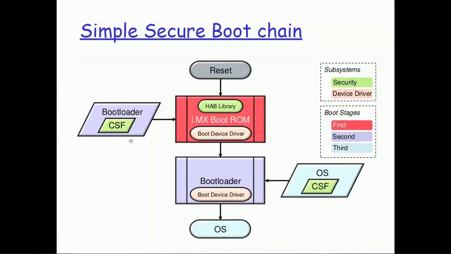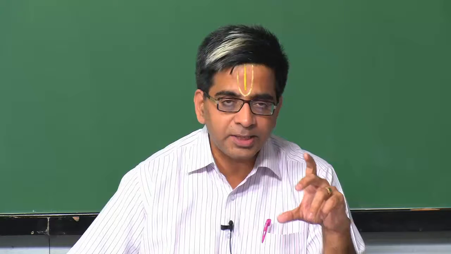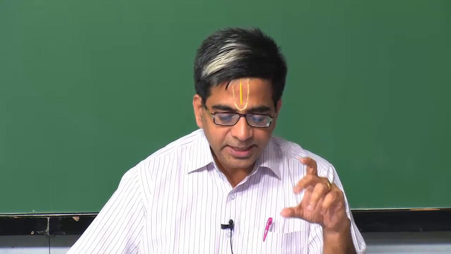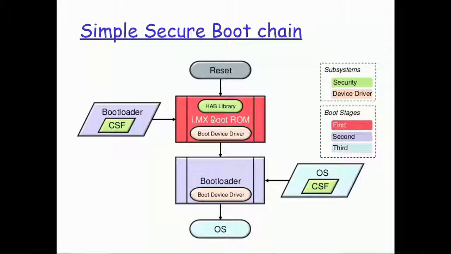And that will also have the CSF information with all the details on which part of the entire file is my image file, which part pertains to the sign data and all that stuff, and that is going to be used by my boot ROM code with the boot device driver inside. Once that is authenticated by the HAB library to confirm these checks, my bootloader will get executed. So, this bootloader will now take up the OS part, which is the next level of authentication, that is the third stage of the boot stage, right.